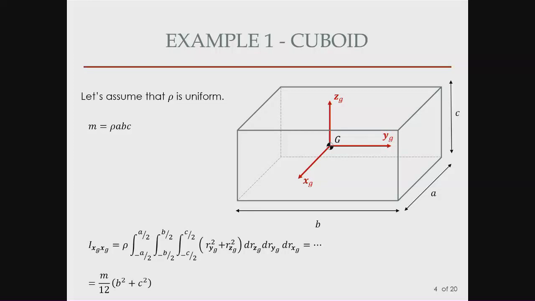So as I'm going along the z direction, I start from c over 2 below G, and I end with c over 2 above G.